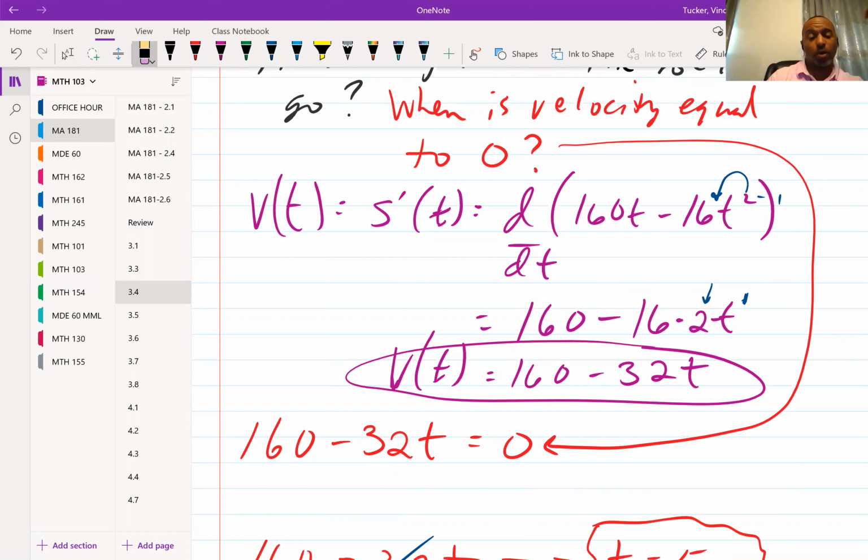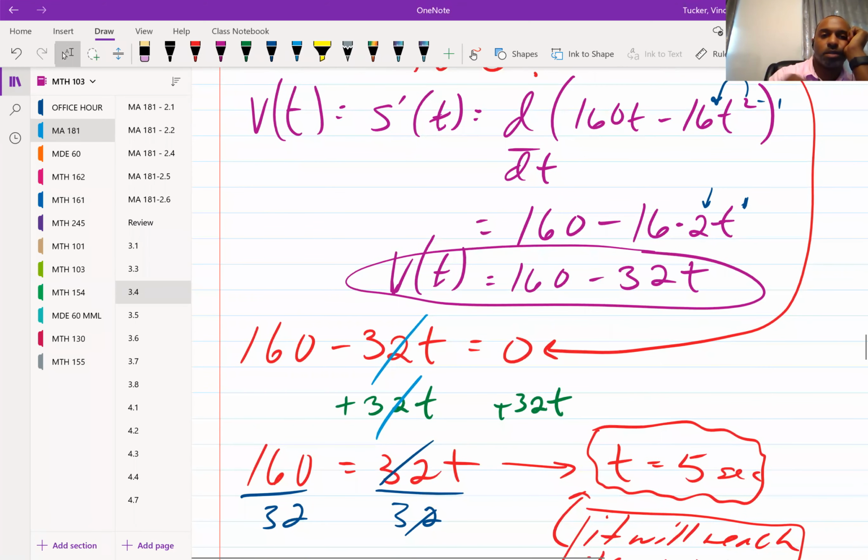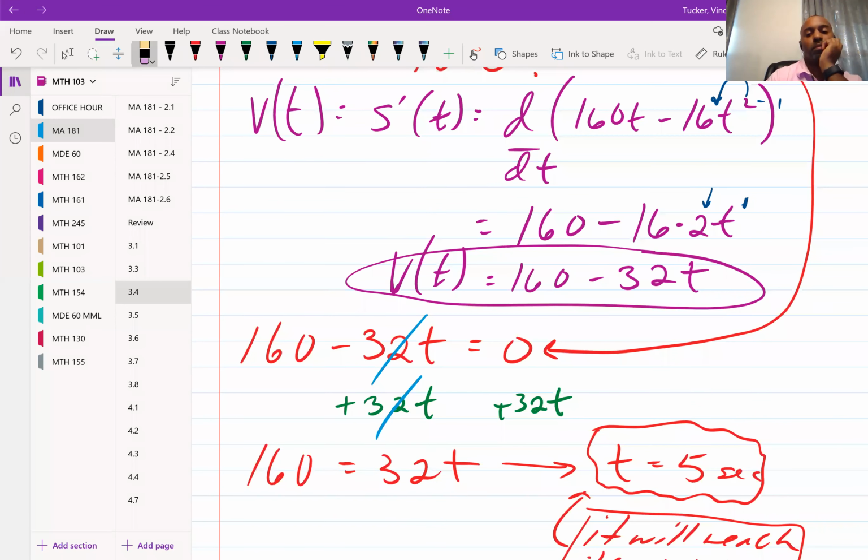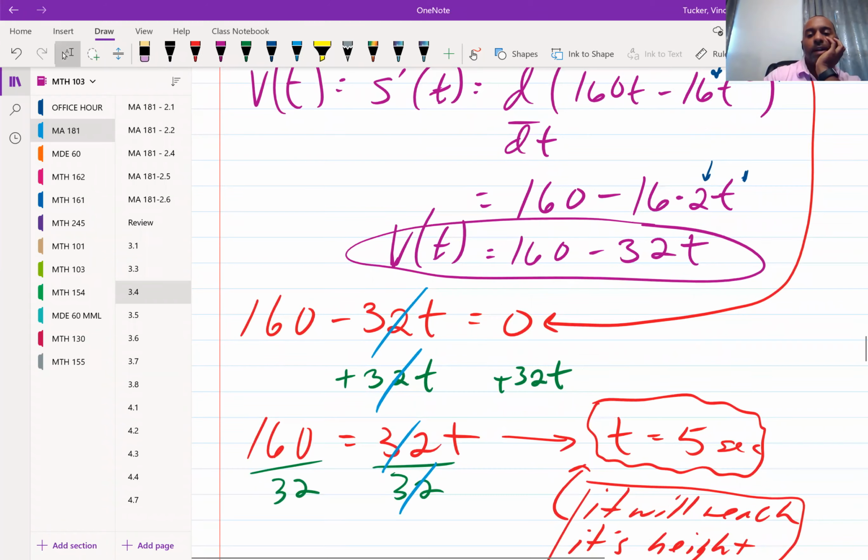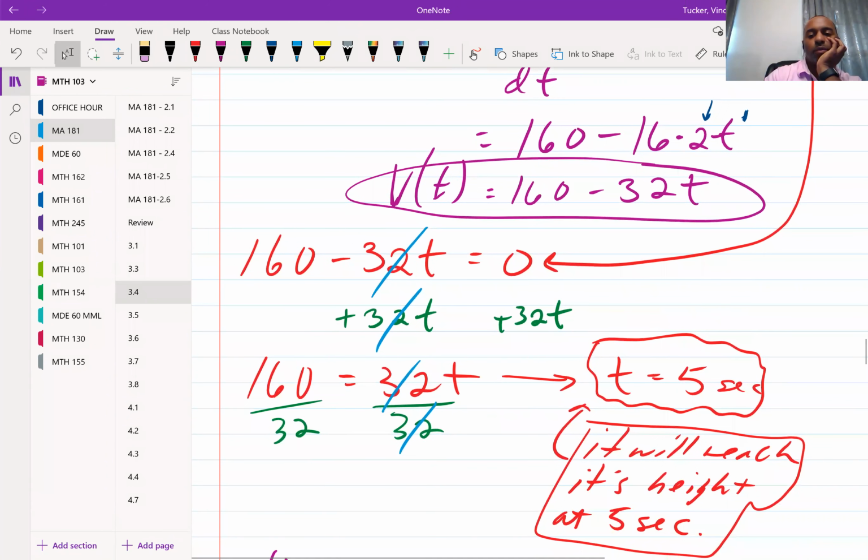From there, we will go ahead and solve for x, I'll say x, but t. So I'll go ahead and add 32t to both sides, and then divide by 32. And t is equal to 5 seconds. So it will reach its height at 5 seconds.